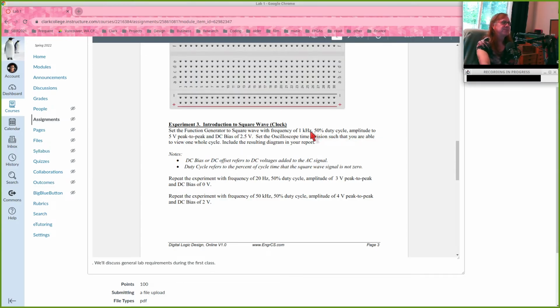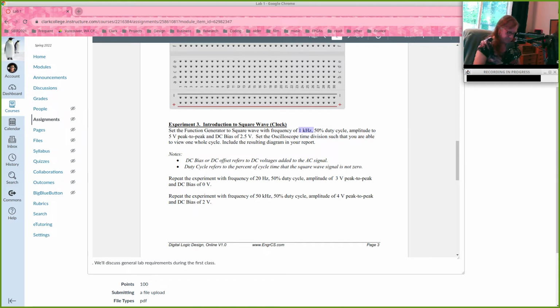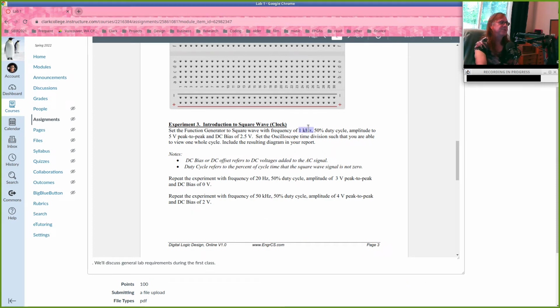So one aspect is the frequency, 1 kilohertz. Frequency is how quickly it goes up and down. And hertz, sometimes called a cycle, abbreviated Hz, means something goes up and down once per second.